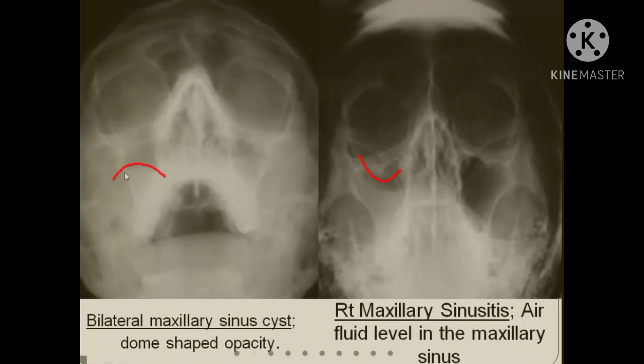So the left case with a dome-shaped opacity is a case of maxillary sinus cyst, whereas the right X-ray with a concave upward opacity is likely to be a sinusitis filled with fluid. This can be confirmed by changing the position of the patient and taking an X-ray again after 5 minutes.